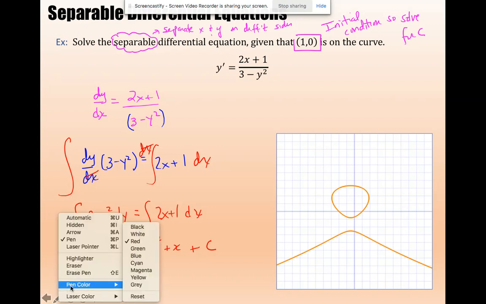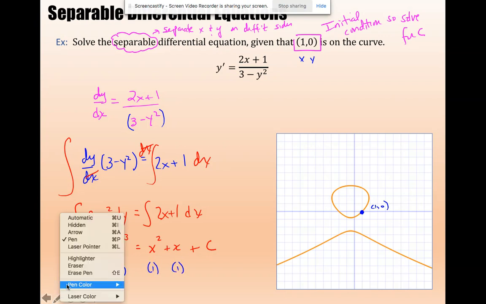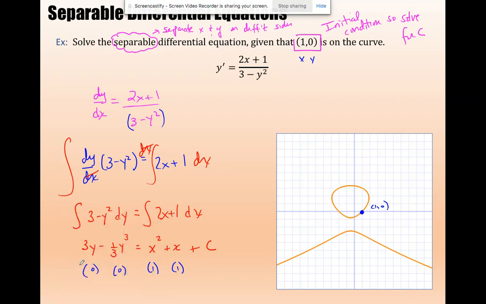Notice they gave me an initial condition. When x is 1, y is 0. So there's 0, 1 plus 1 is 2, so therefore c is equal to -2.